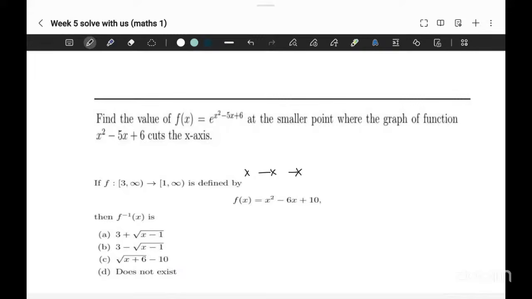One is the answer. Ma'am, 1 is the answer.